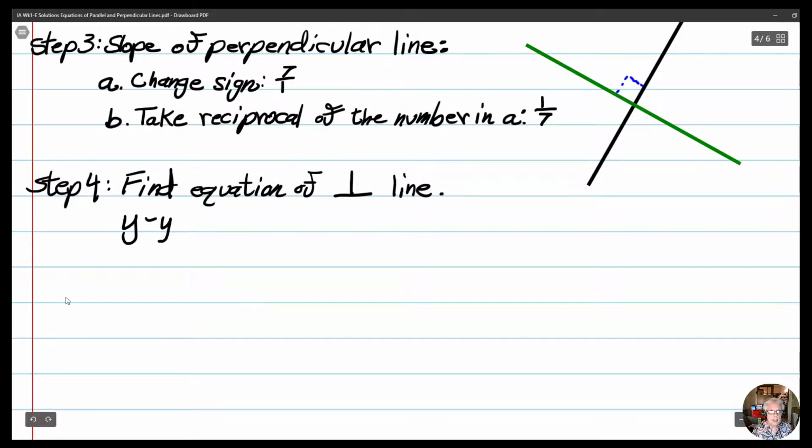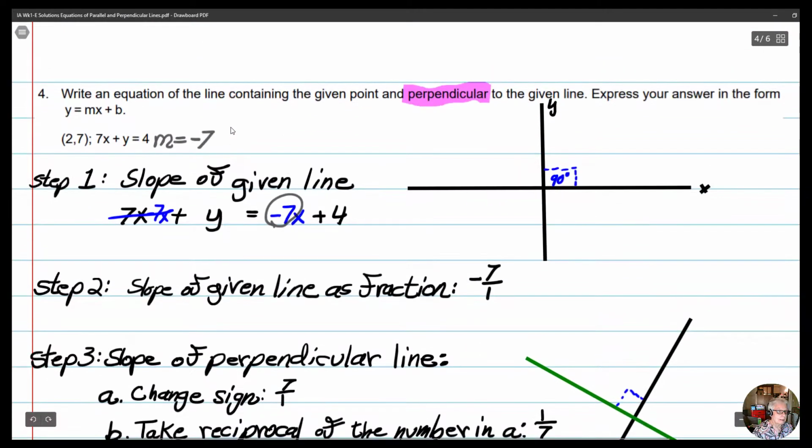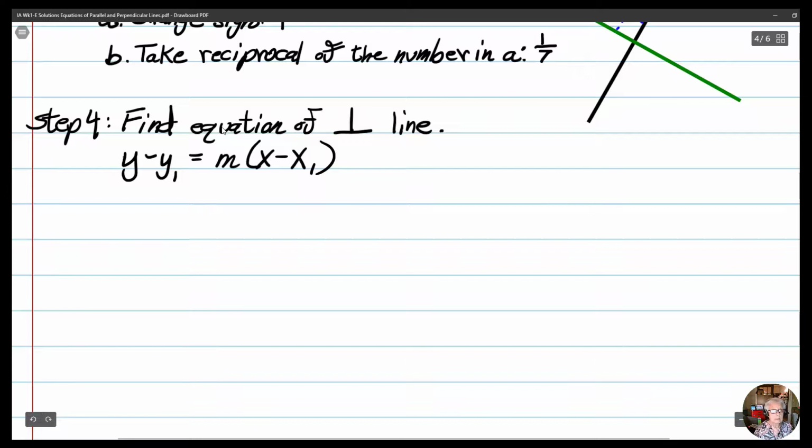Y minus y1 equals m times x minus x1. I forget what the given point is. 2,7. Okay, let me write that down. So we'll have y minus 7 equals 1/7 times x minus 2.